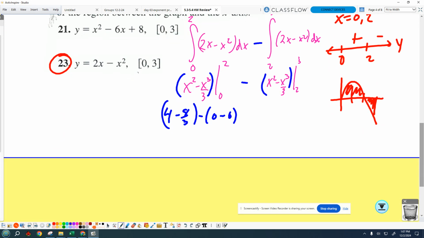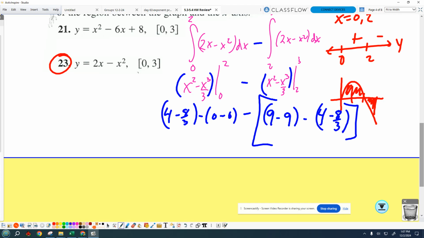Zero minus 1. So I get 2 times 4 minus 8/3. 8/3.